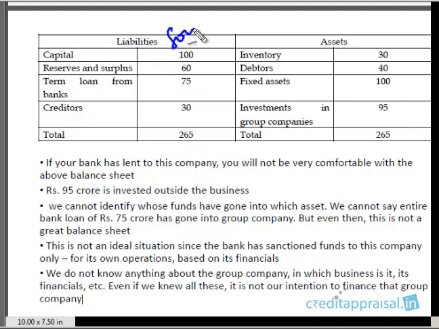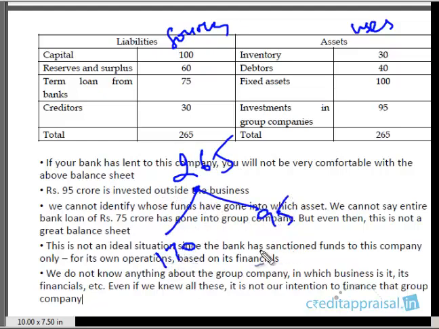Liabilities are sources of funds and assets are uses to which these sources have been put. The total sources of 265 lakhs, of which, if you see, 170 lakhs and 95 lakhs. Only 170 lakhs are into this business called B1, right? And the rest 95 lakhs have gone into a business called B2.